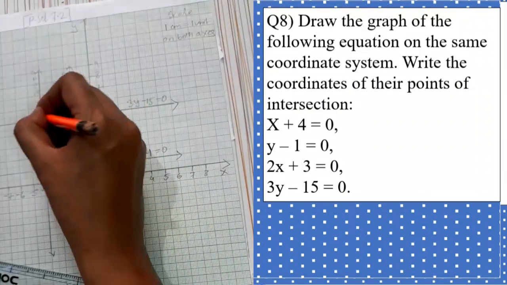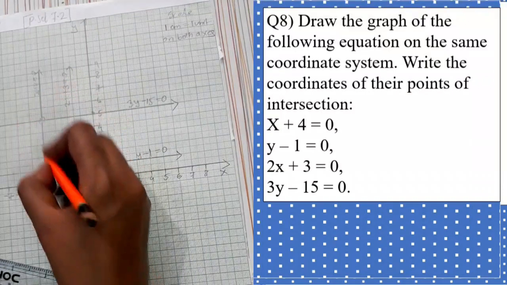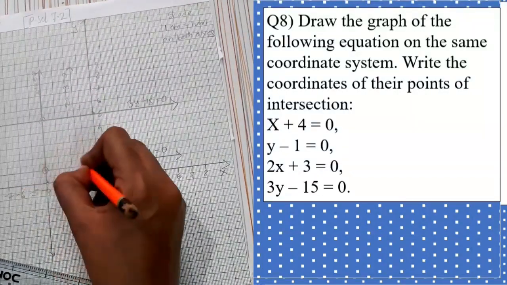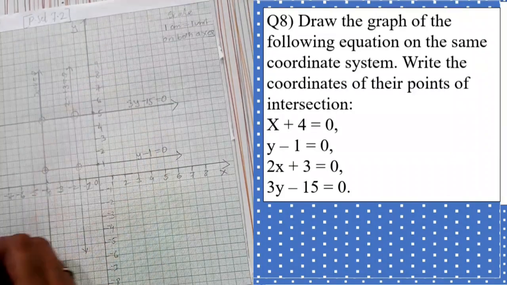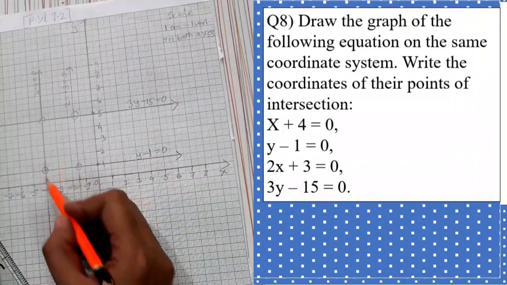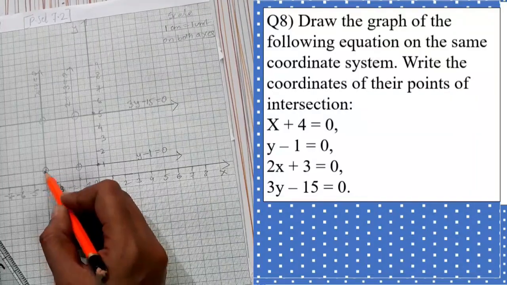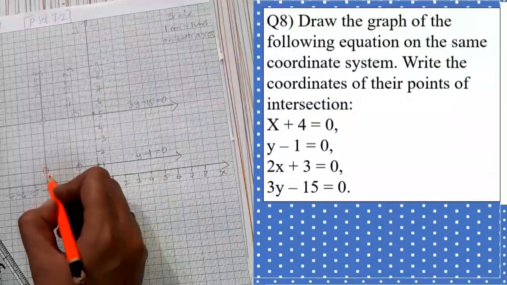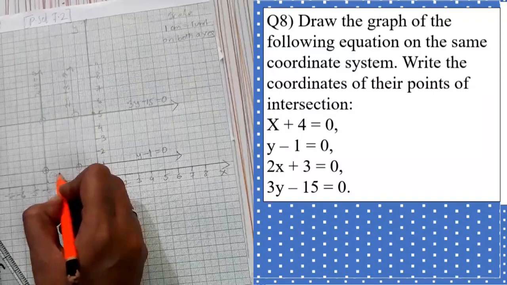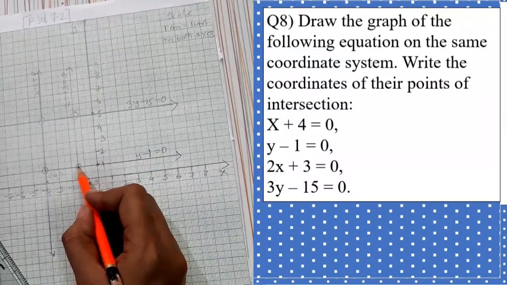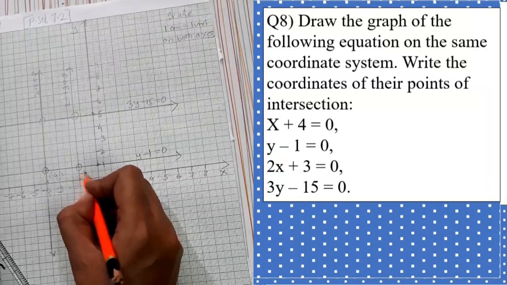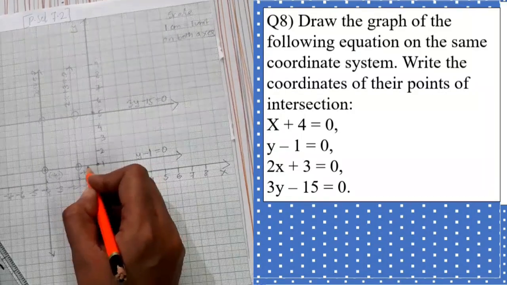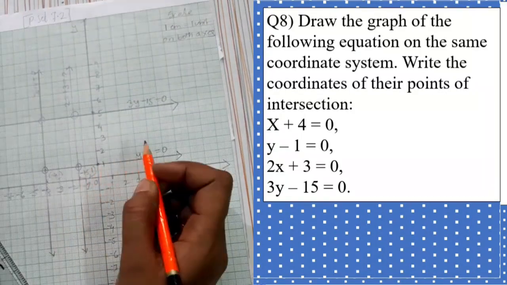So students, here we got 4 intersections: 1, 2, 3, 4. The intersection of this point is -4 and 1. So we write -4 and 1. The intersection of this point has x equal to -1.5 and the y value is 1.